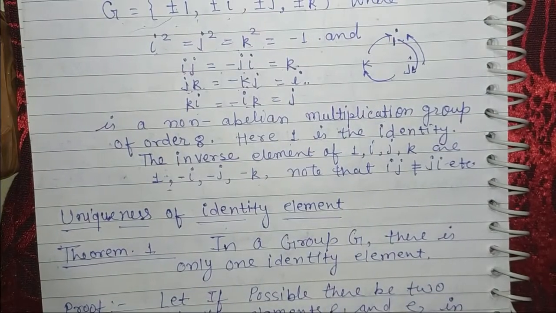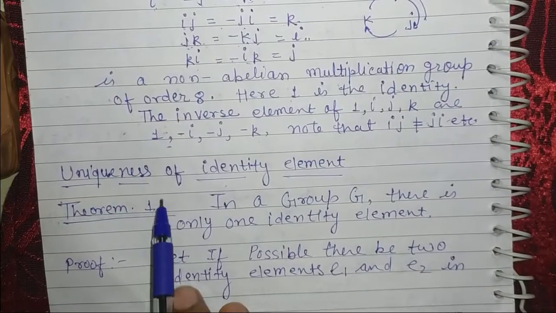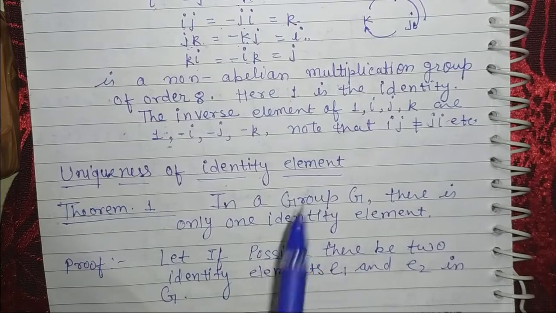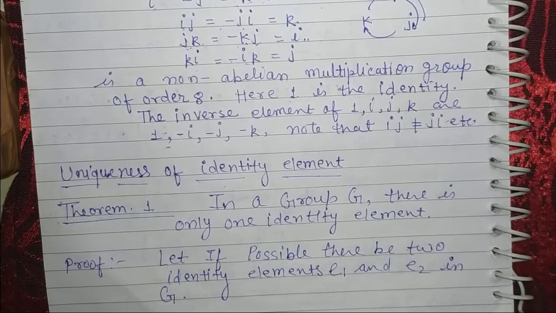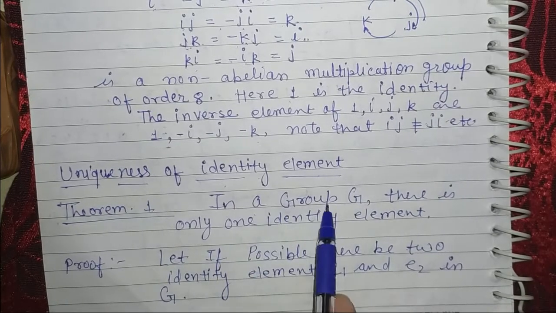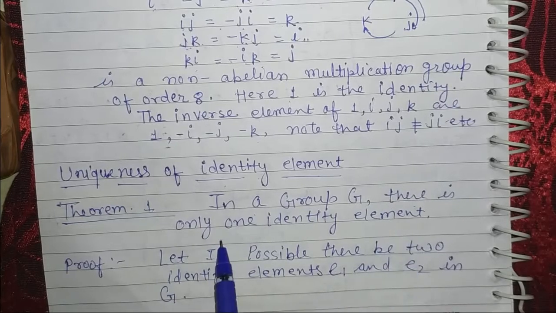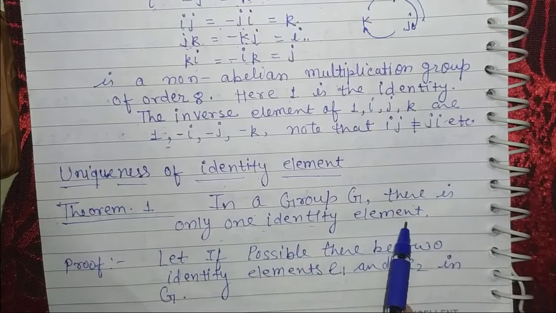Some properties of groups: one important property is the uniqueness of the identity element. It means that in a group our identity element is always unique. How can we prove this? If G is a group, there is only one identity element.